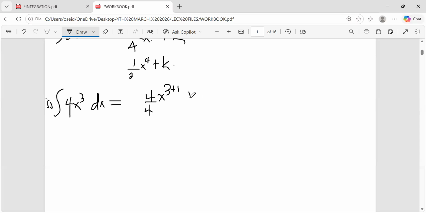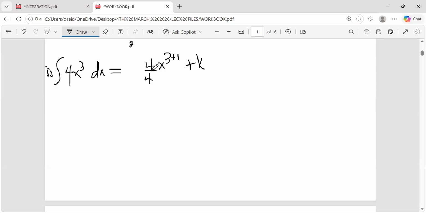The 4 is the same as 3 plus 1. So you get x exponent 4 plus k, giving us our final answer.